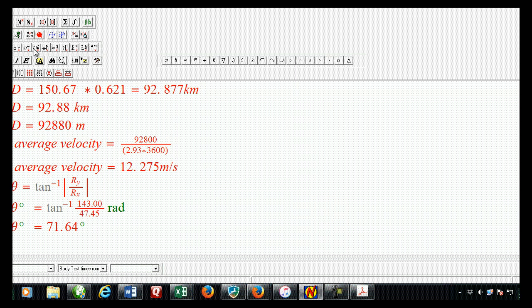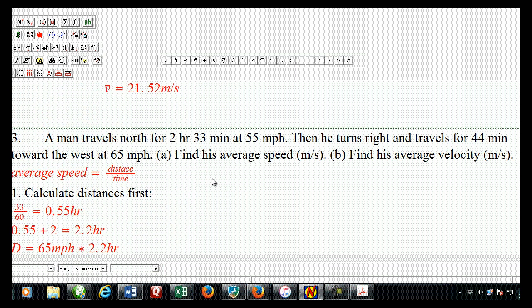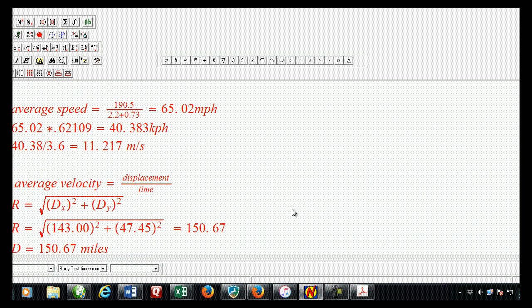Yep, 8.79. So that changes this to 8.79. And you know that's going to be north of east, because he first went what direction? North, then he turns right and travels 44 minutes towards the east at 65 miles an hour, which puts his vector at an angle that is north of east.